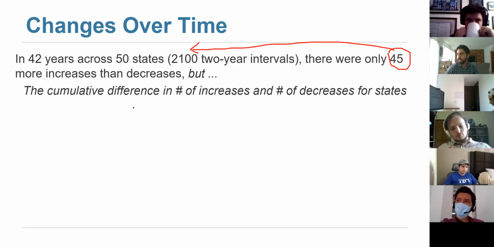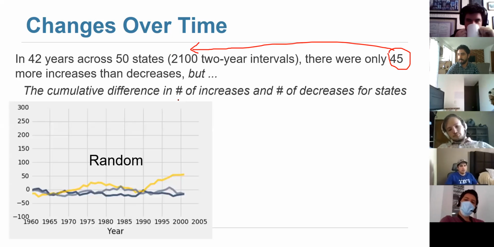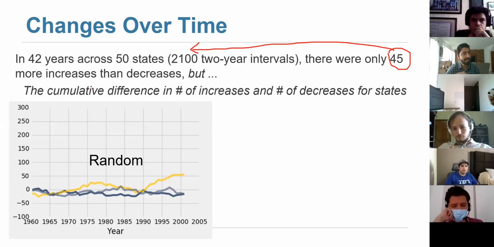Then there is the cumulative difference between the number of increases and decreases for a state. If those increases and decreases happened totally randomly, from 1960 to 2003, you would see something like this, going up and down, fluctuating a lot, but without any pattern.